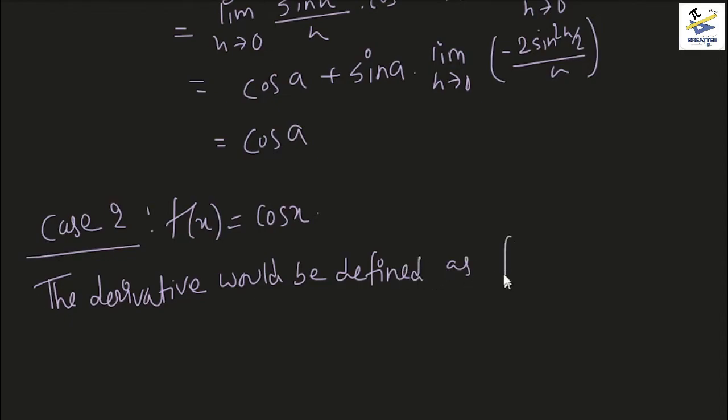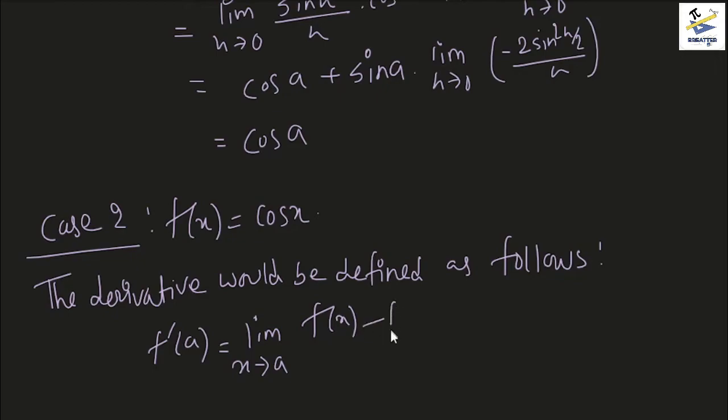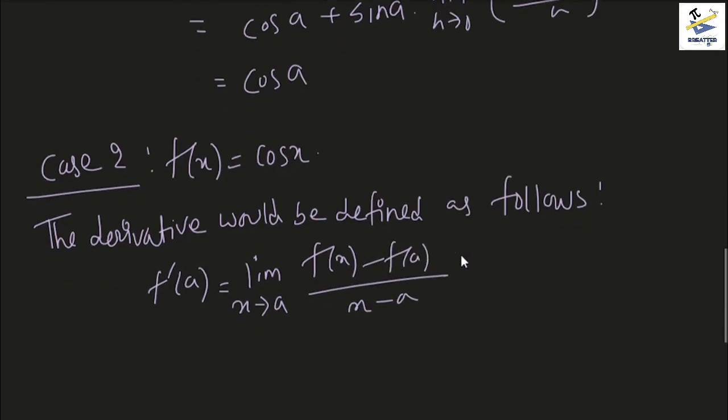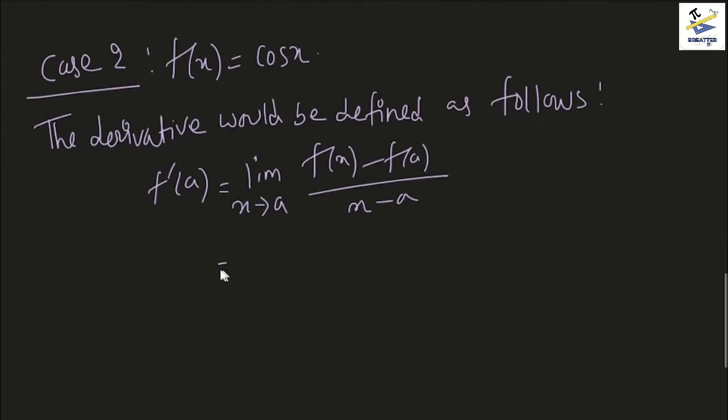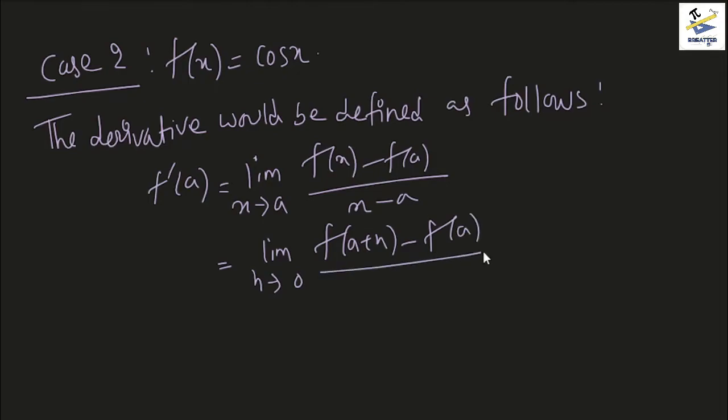F dash a would be equal to the limit as x tends to a of f of x minus f of a by x minus a, from which we can substitute h equals x minus a to find the new definition which was more useful to us, which is f of a plus h minus f of a divided by h, right?